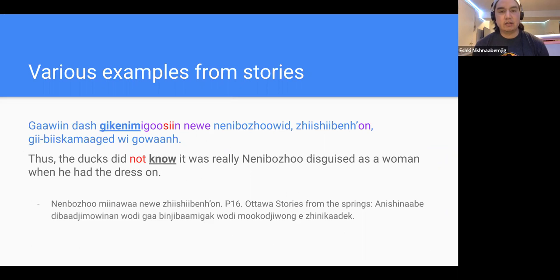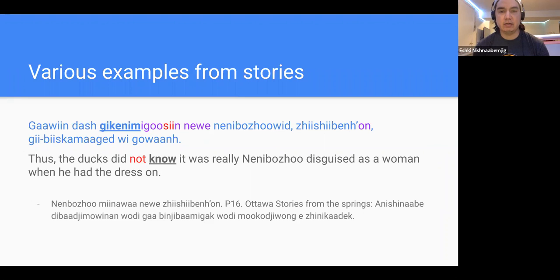So this is the negative part. Ikenamagosin. The obviative person didn't know him. Newe. So in the book they wrote the new or newe with ease, newe, instead of the eyes, new, newe. Nanabojo would to be Nanabush.